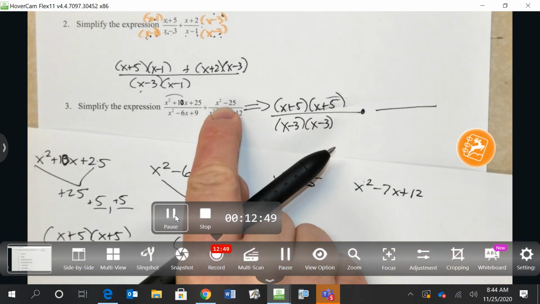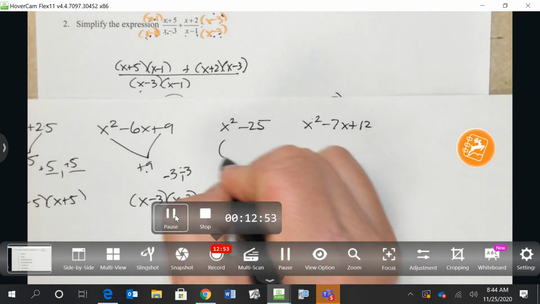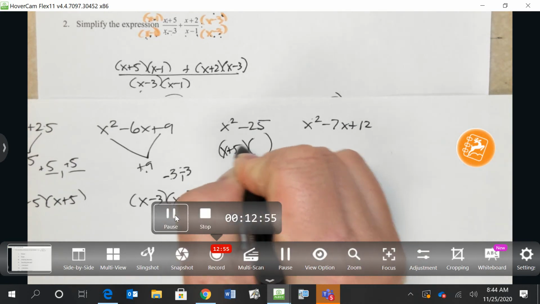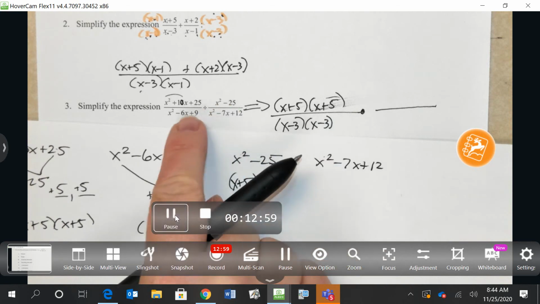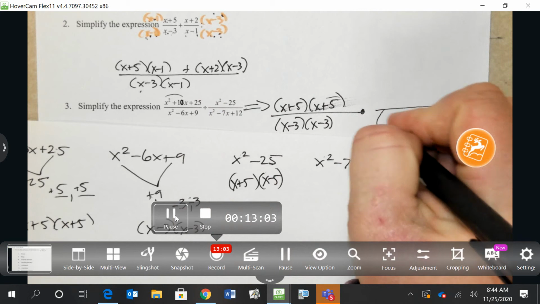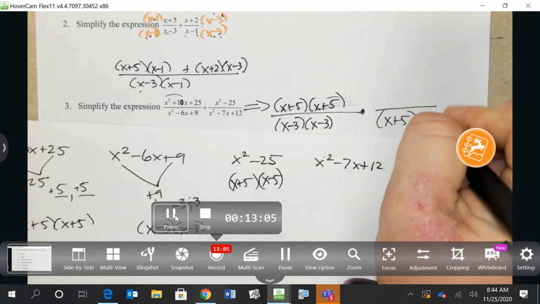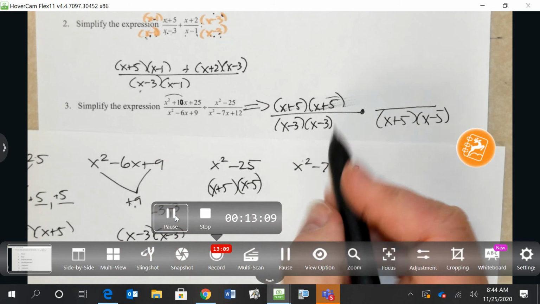Okay, looking in the numerator of the second fraction. X squared minus 25 is a difference of squares, so it's x plus 5 and x minus 5. Now this was on top in the numerator. When I change from division to multiplying, the numerator now goes in the denominator. And I'm going to see, can I factor the last trinomial?